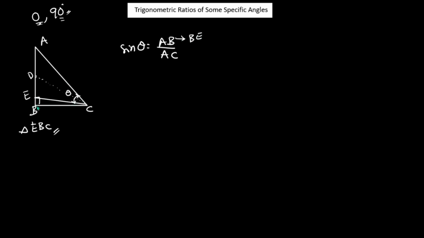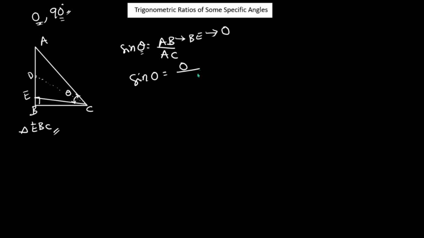If you go further down, like 0.1 degree, 0.01 degree, this BE will become almost 0. So we say this value trends to 0. Then theta will become 0, and this value also will become 0 at that point. So in this scenario, when you take sin 0, this AB keeps reducing and is going to be 0.